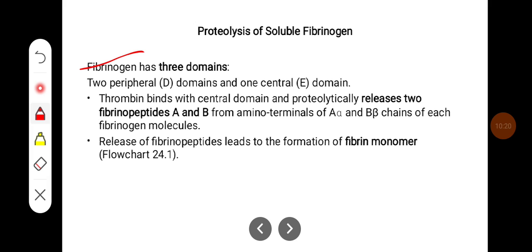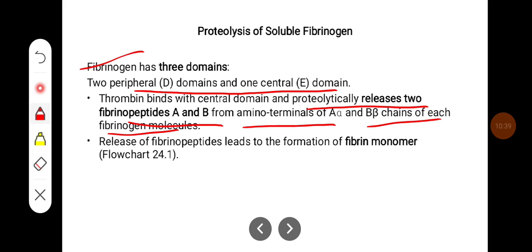The fibrinogen has three domains, the two peripheral domains and one central domain E. Thrombin binds with the central domain and proteolytically releases two fibrinopeptides A and B from amino terminals of A alpha and B beta chains of each fibrinogen molecule.